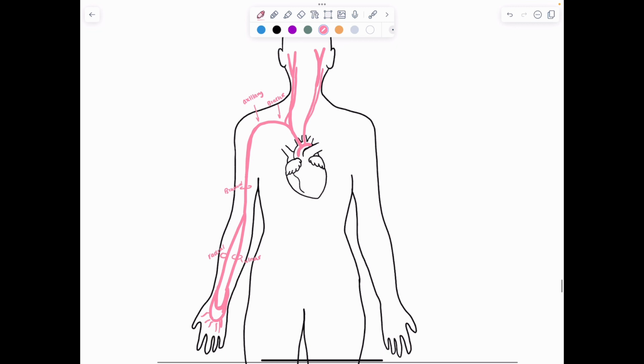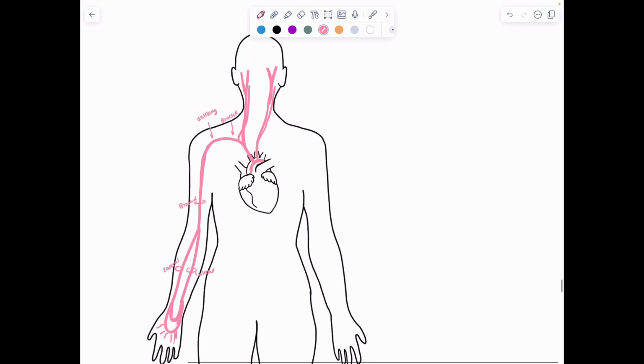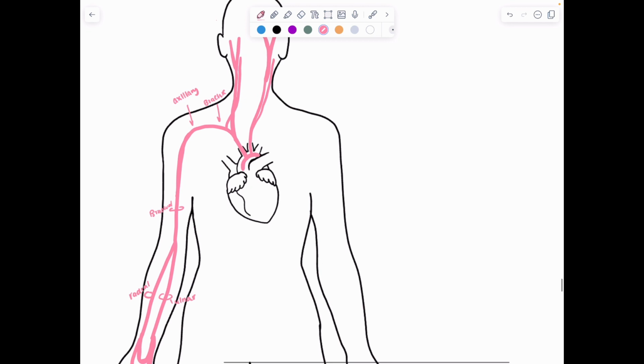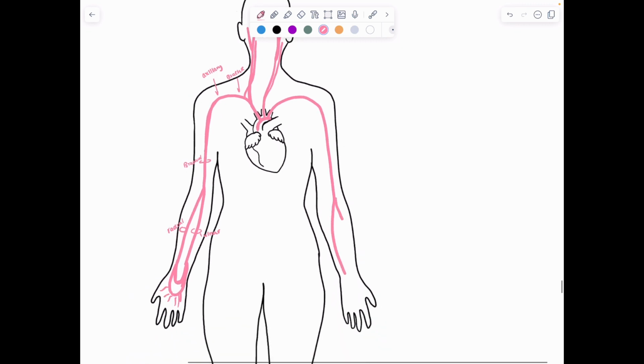So that's what we're looking at there with our arteries in that region. Now, on this side, we just start with our subclavian. It's going to become axillary, then brachial, and then it's going to divide into the ulnar, radial, palmar arches, digital arteries. So you see that on both sides.